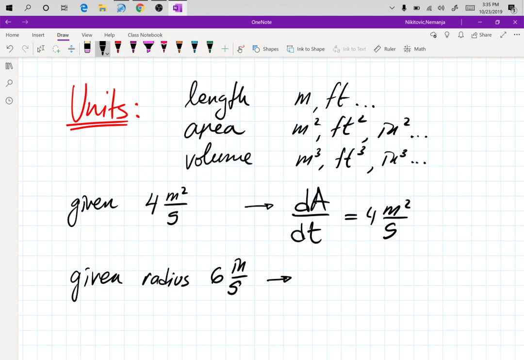So it says radius increases at the rate of 30 meters per hour.